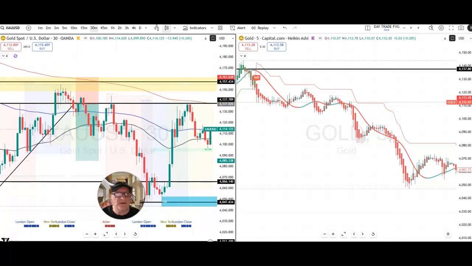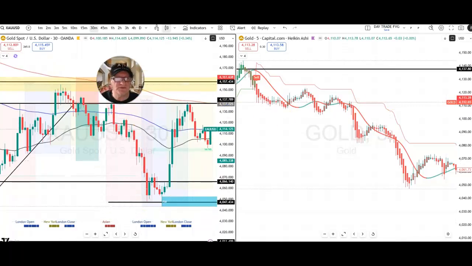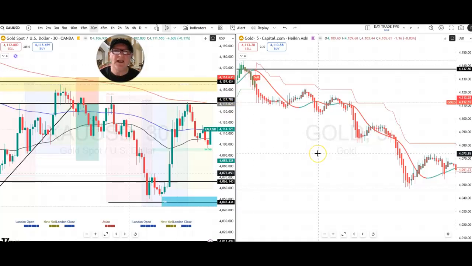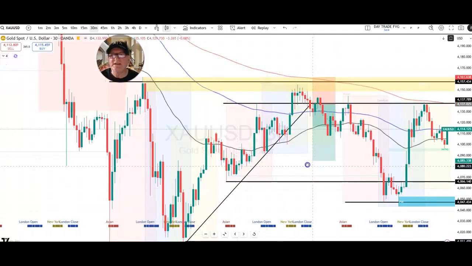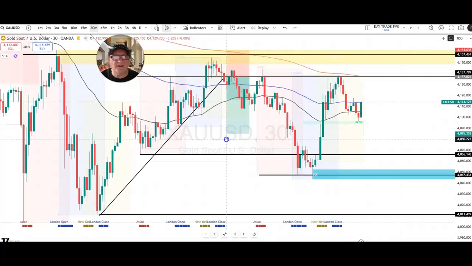Now let's have a look at the other side of the coin in terms of high liquidity zones against the trend, but it gives you an idea of how important these liquidity zones are. So we can see here that we have a previous low session during the Asian session here, 40.66. And we have a low here of 40.48.